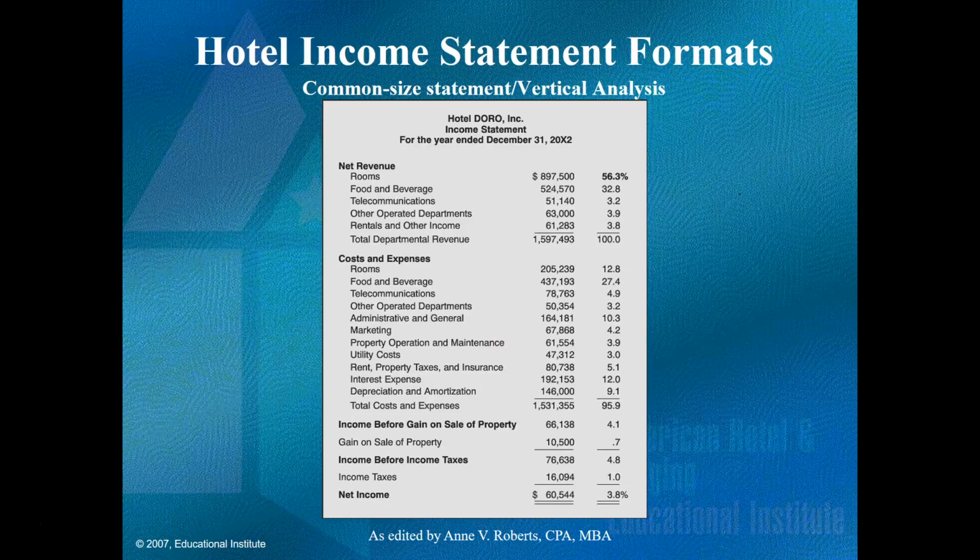Then we had a little bit of a bump here in the gain on the sale of the property of 0.7, and this income tax rate, by the way, is really way out of whack, 1% on income taxes. So when we look at this overall, for every dollar that we earned in revenues, we get to keep 3.8 cents. Okay? Razor thin margins.